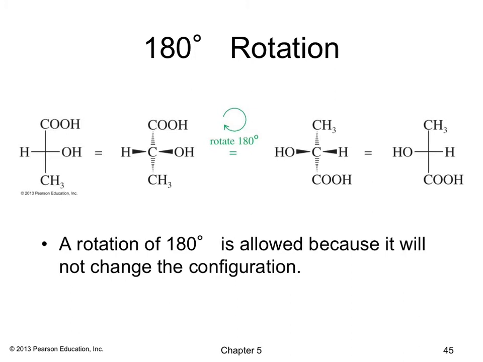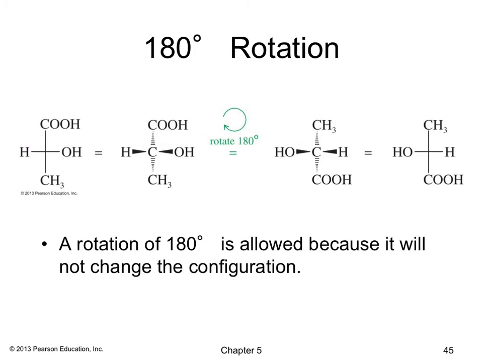So here's your Fischer projection. Again, the convention is to put the carboxylic acid at the top. When you draw it out and rotate it 180 degrees, the carboxylic acid is on the bottom. And so this molecule and this molecule are the same. How do we know it's the same?